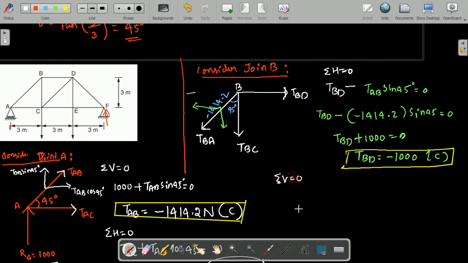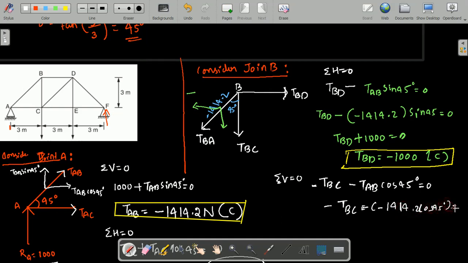Again I need to apply the second equilibrium condition. Summation of vertical force is equal to 0. So vertical force is nothing but TBC, which is moving downward, therefore minus, again TBA or TAB, which is moving downward, and y component is cos here, cos 45 is equal to 0. So minus TBC, minus of TAB value again minus 1414.2 cos 45, therefore is equal to 0.